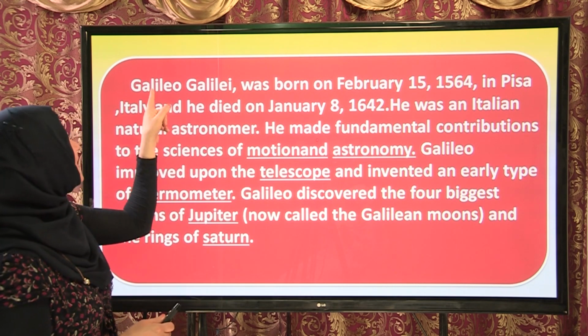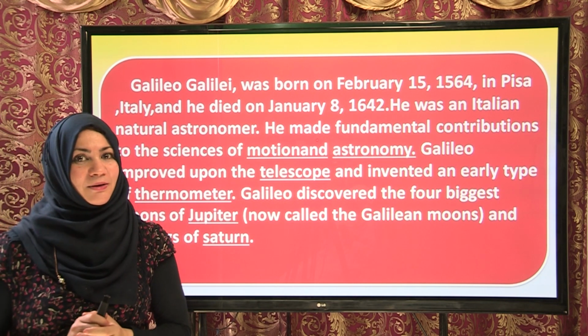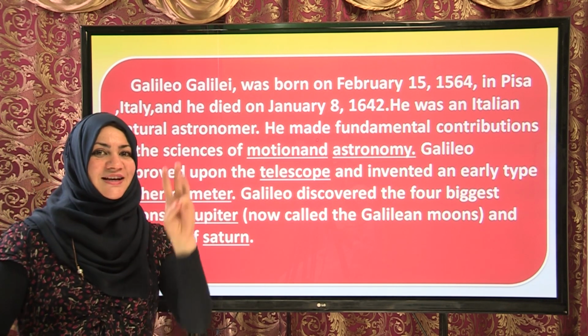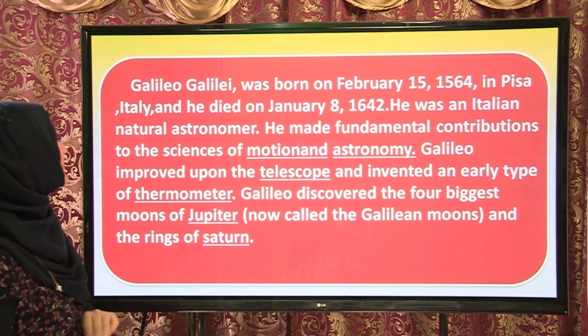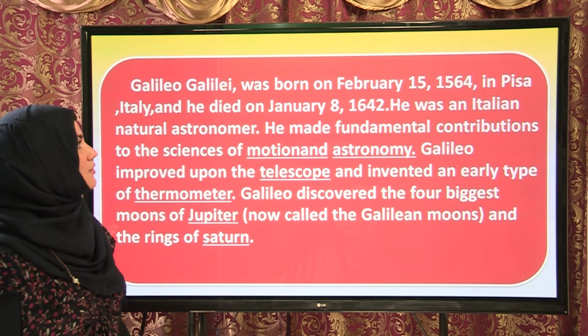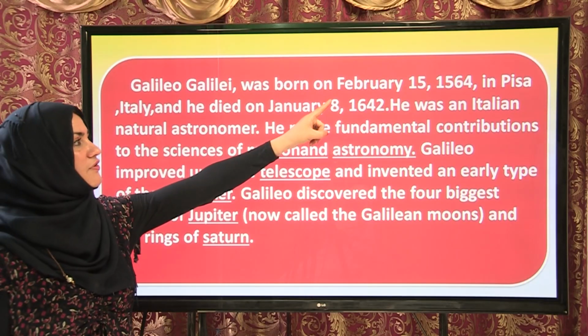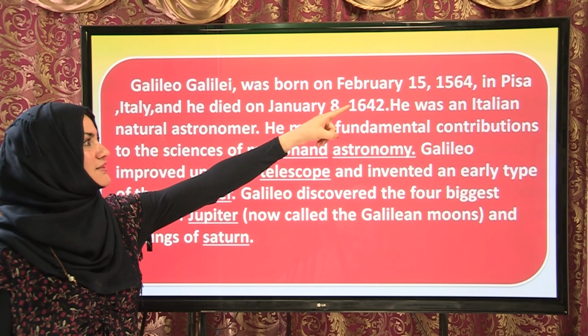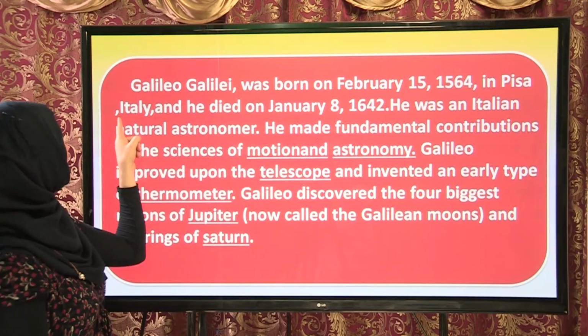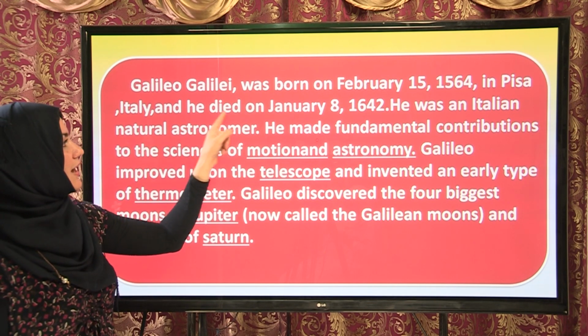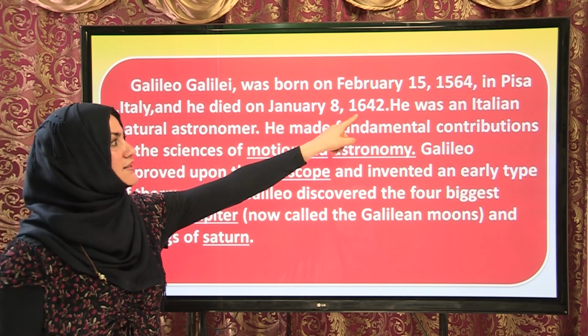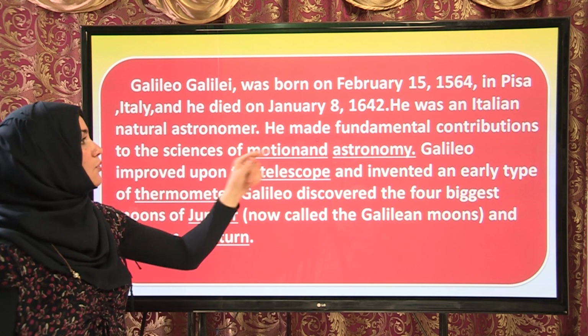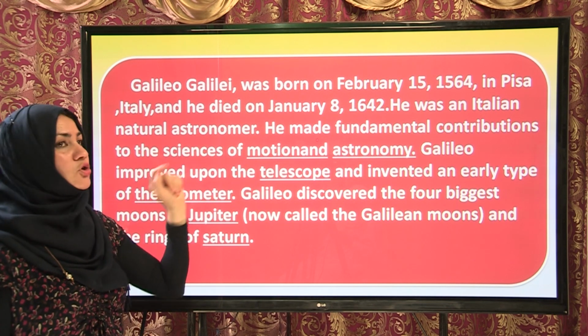We reread the text the 3rd time. Galileo Galilei was born on February 15, 1564 in Pisa, Italy, and he died on January 8, 1642. He was an Italian natural astronomer.